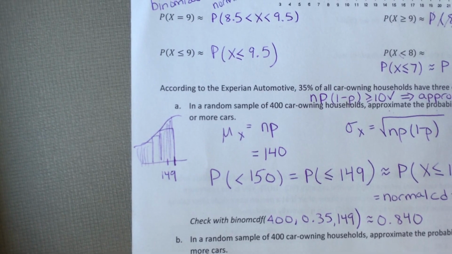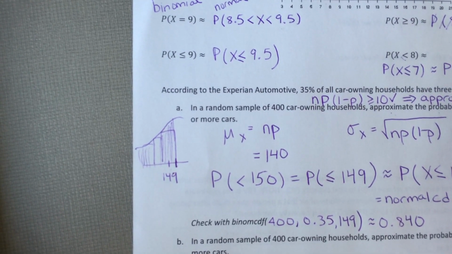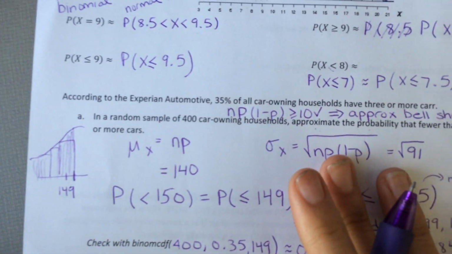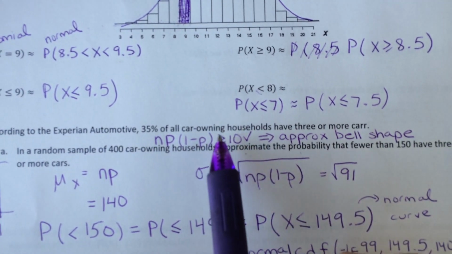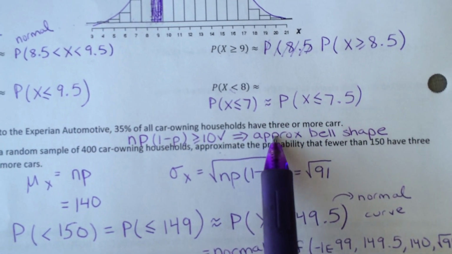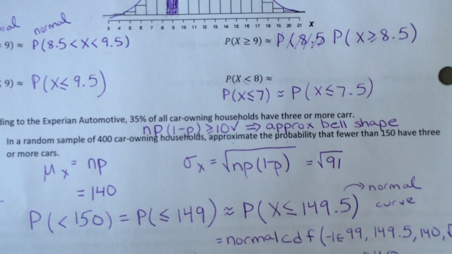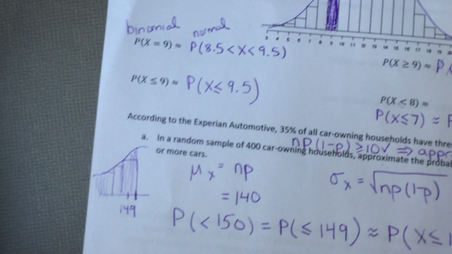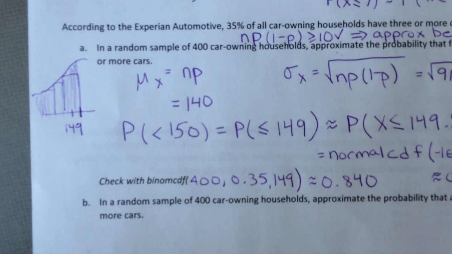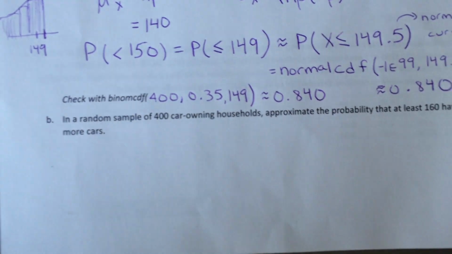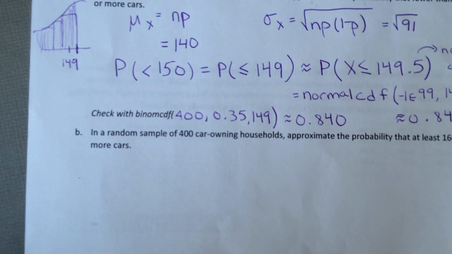That's the only reason why we can use this theory: because np times 1 minus p is greater than or equal to 10, it's approximately bell-shaped, which means we can use the normal curve to estimate. All right, so that's it. Feel free to have a go at the rest. You have this one other example you can try out, and you have a whole back page as well.